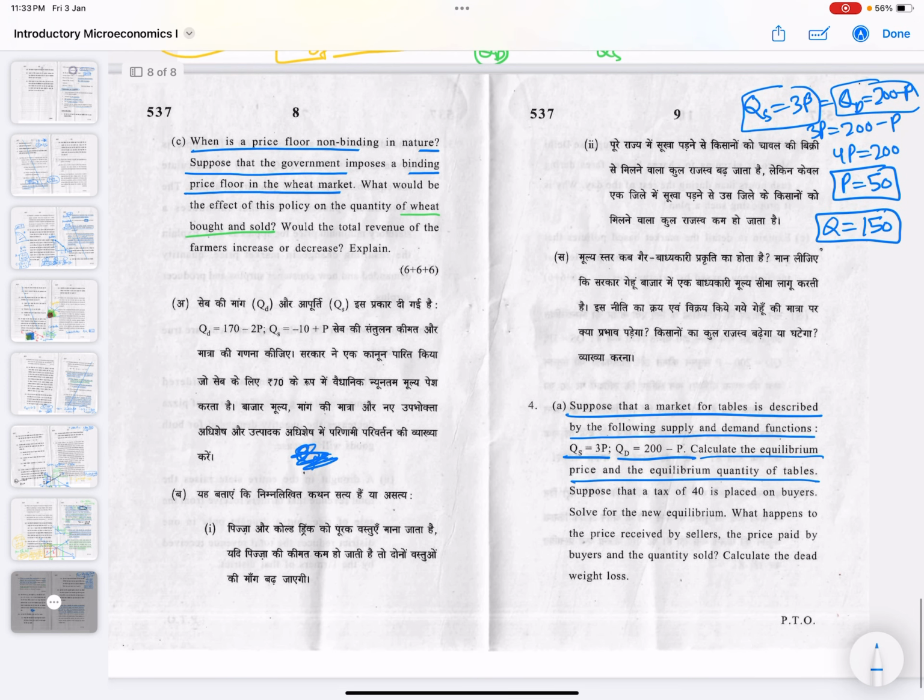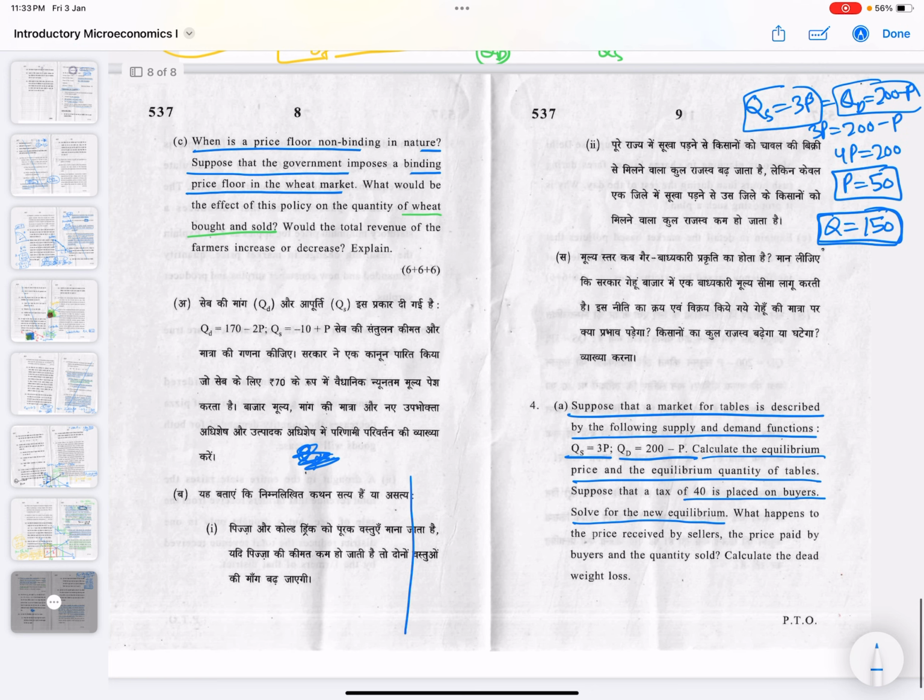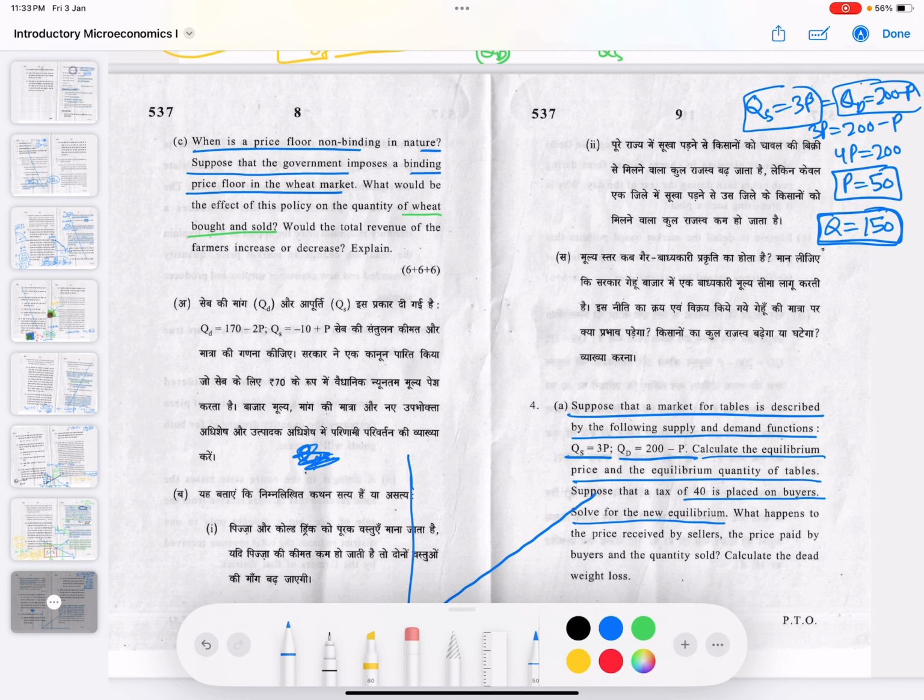Suppose a tax of 40 is placed on the buyers. Solve for the new equilibrium. Now, since rupees 40 is being imposed, I'll draw the graph as well. But if it is not asked, you can just skip it. For 3P, the slope would not be a 45-degree slope.